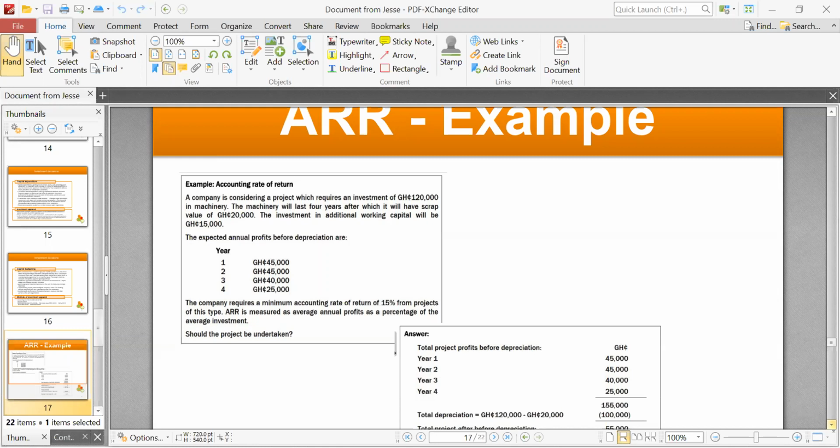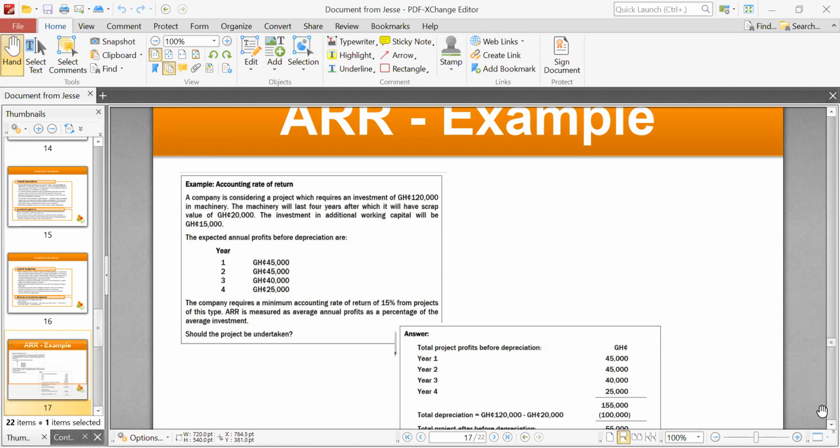If you add all of that, 45 plus 45 plus 40 plus 25, what do you get? 155. Now this 155,000 is your total profit before depreciation, right?